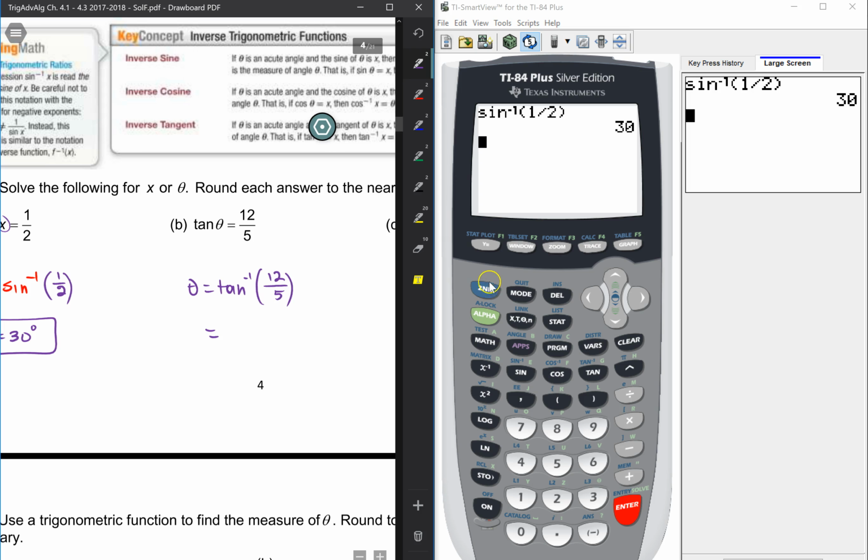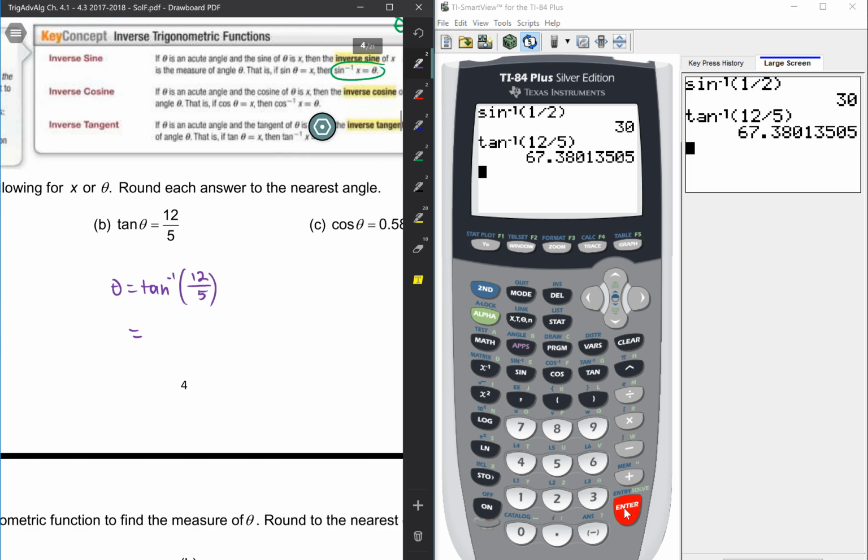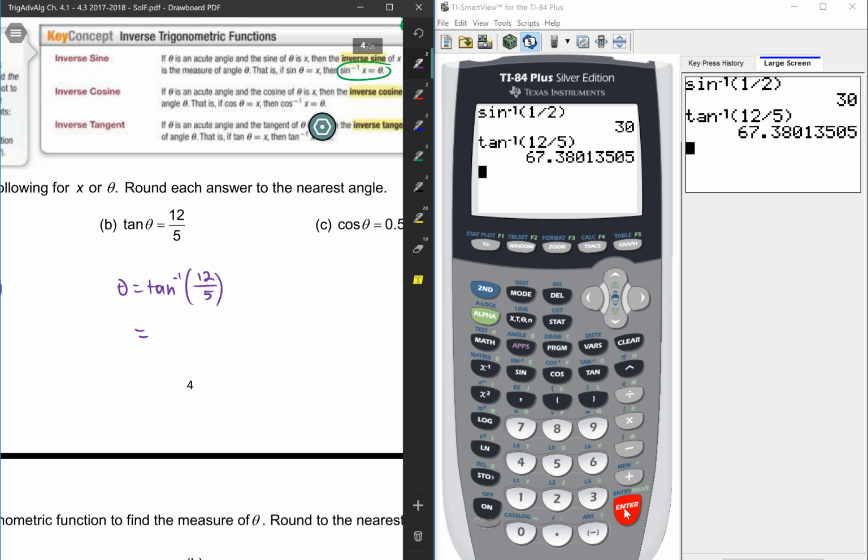So this is second tangent 12/5, and I get 67.38 and so on. It says in my instructions to round each answer to the nearest degree. So what would that round to? 67 degrees, right?